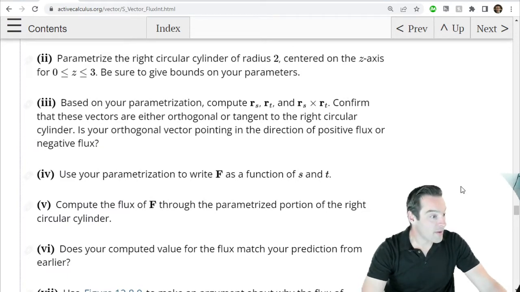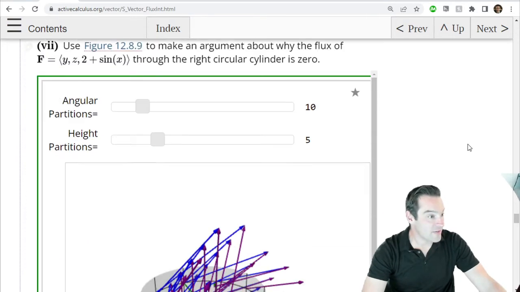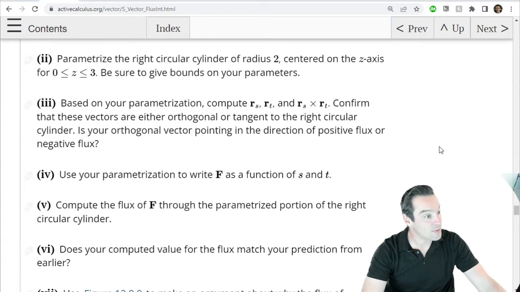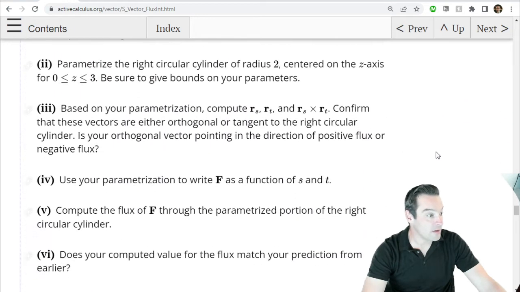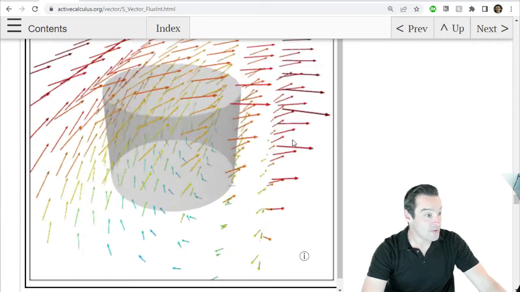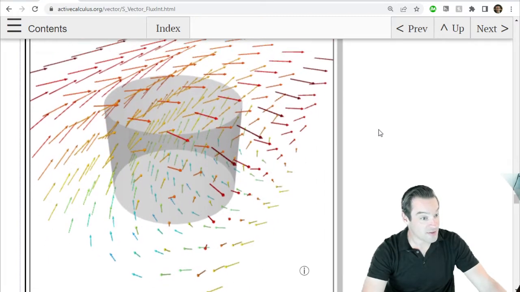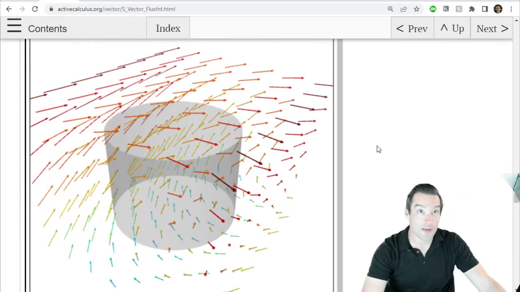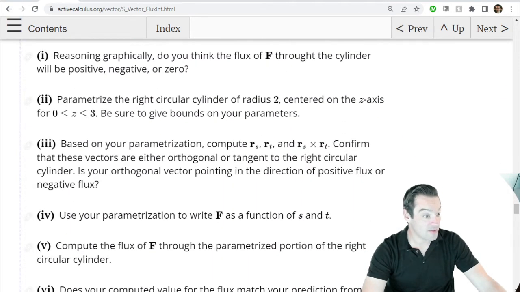So there is a part B and a part C and a part 7, and I don't think we have time to go through all those, so your task is going to be parts 1 through 6 of part A, which just deals with this vector field and this surface. First, make the prediction of whether the flux is positive, negative, or 0 if the surface is oriented with the normal vector pointing inward toward the x-axis, and then do the parameterization and do the direct computation of the flux integral to verify your prediction.